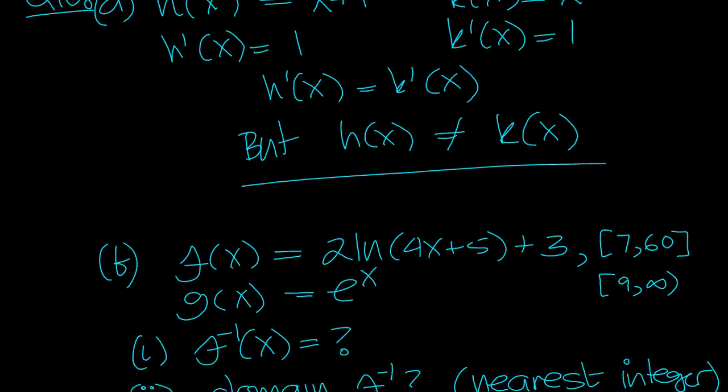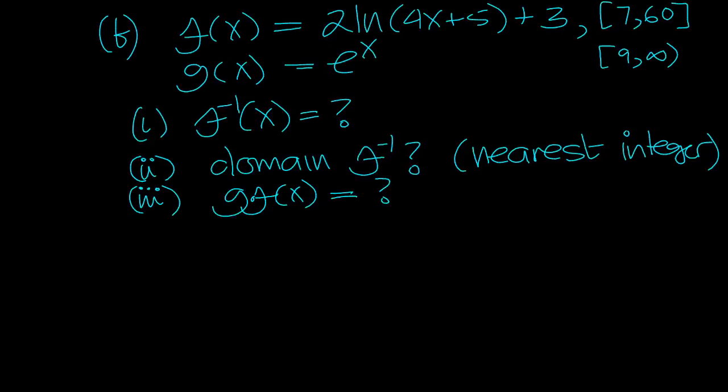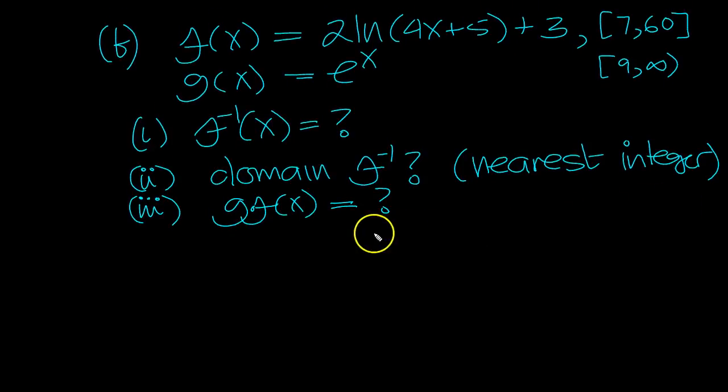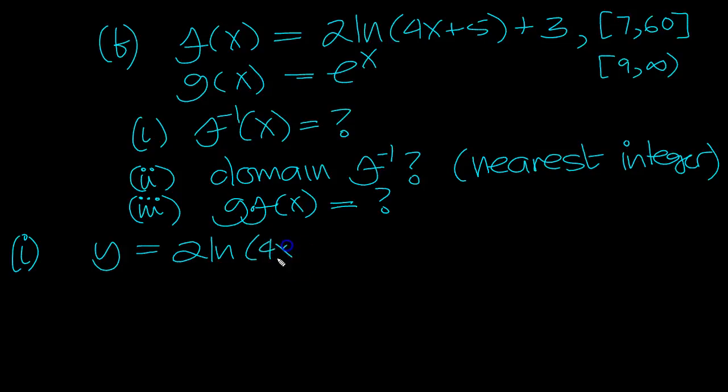Here's our f and g with domains listed. F minus 1, first of all then. So y is equal to 2 ln(4x plus 5) plus 3. Y minus 3, and then move the 3 over there, move the 2 underneath, is equal to ln.